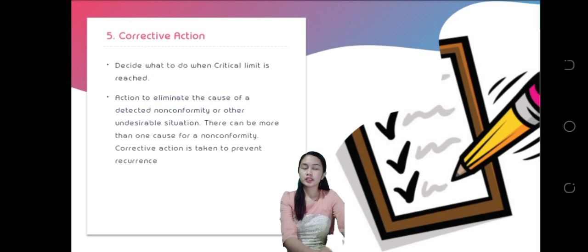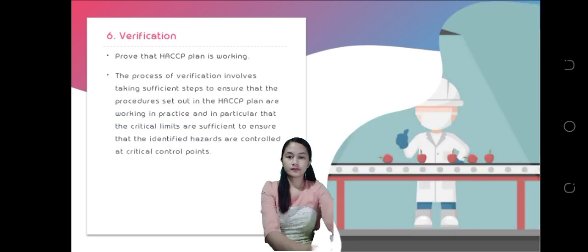In corrective action, decide what to do when a critical limit is reached. It is an action to eliminate the cause of a detected non-conformity or other undesirable situation. There can be more than one cause for a non-conformity. Corrective action is taken to prevent recurrence, and it is made to avoid a future food safety issue. In verification, prove that the HACCP plan is working.